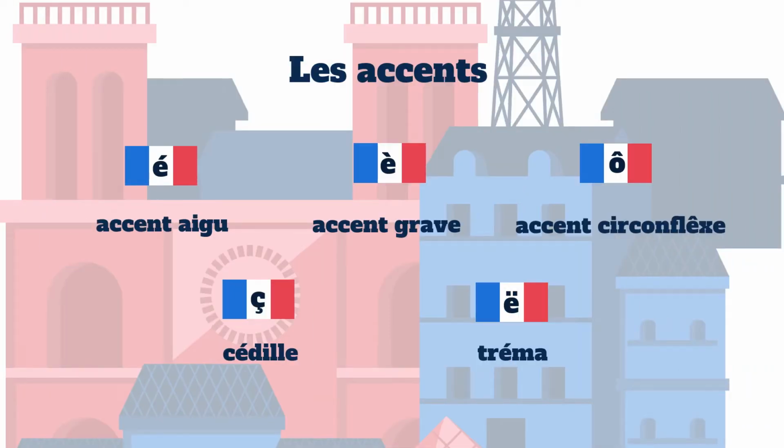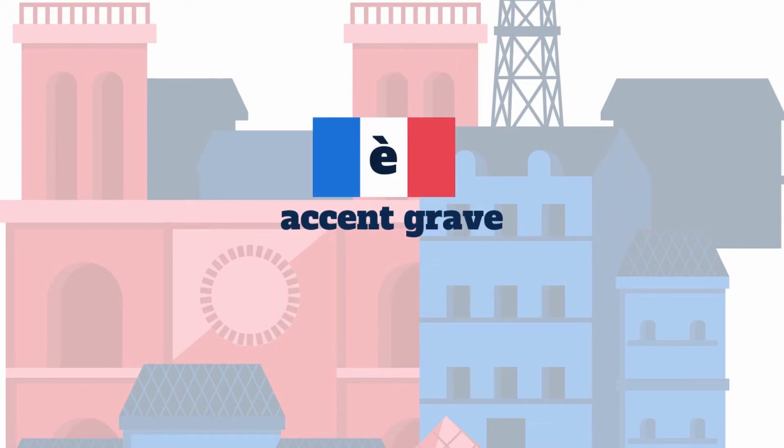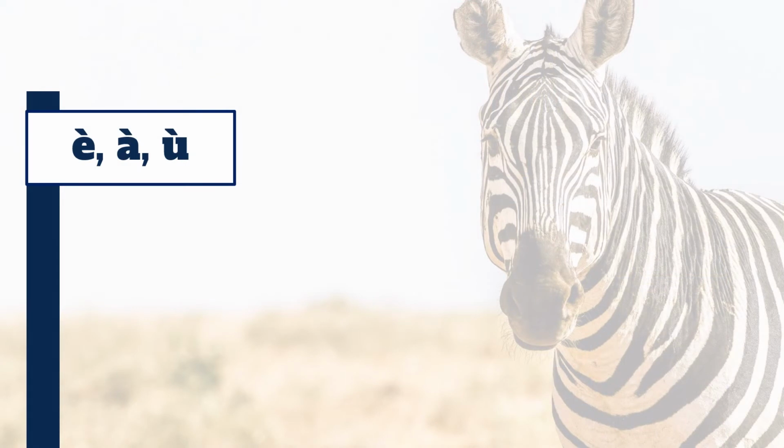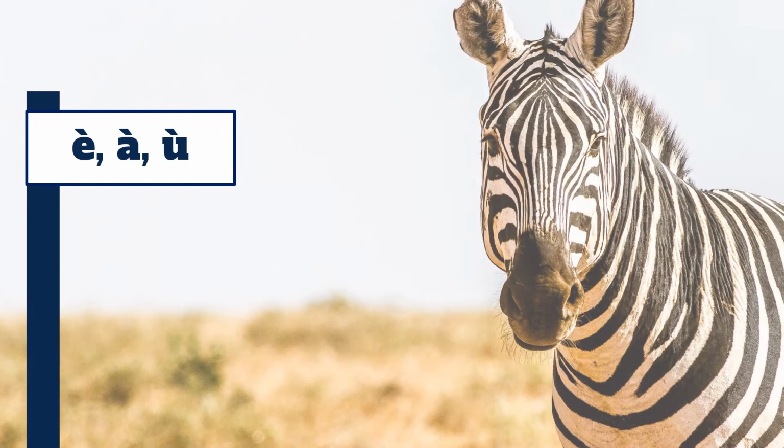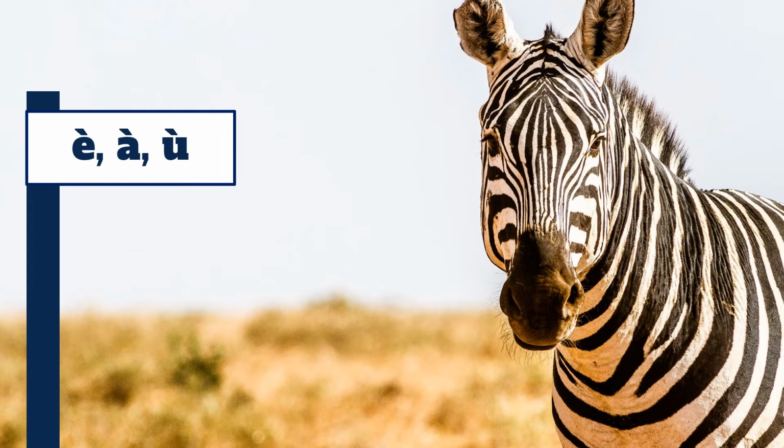Let's look next at accent grave. Accent grave slants downward to the right. This one may appear on the letters E, A, or U, although it only changes the sound of the letter E. It makes the E sound like E, as in the English word egg, or like in the French words zèbre or problème.